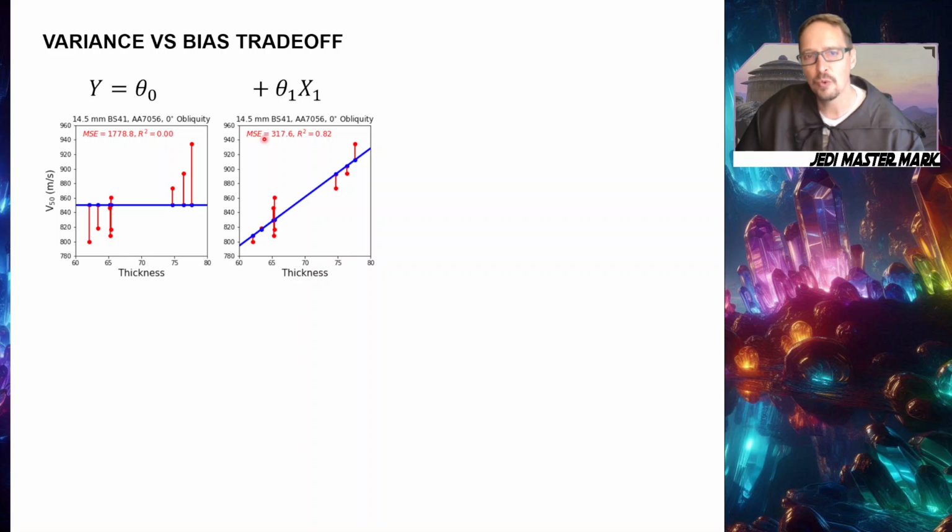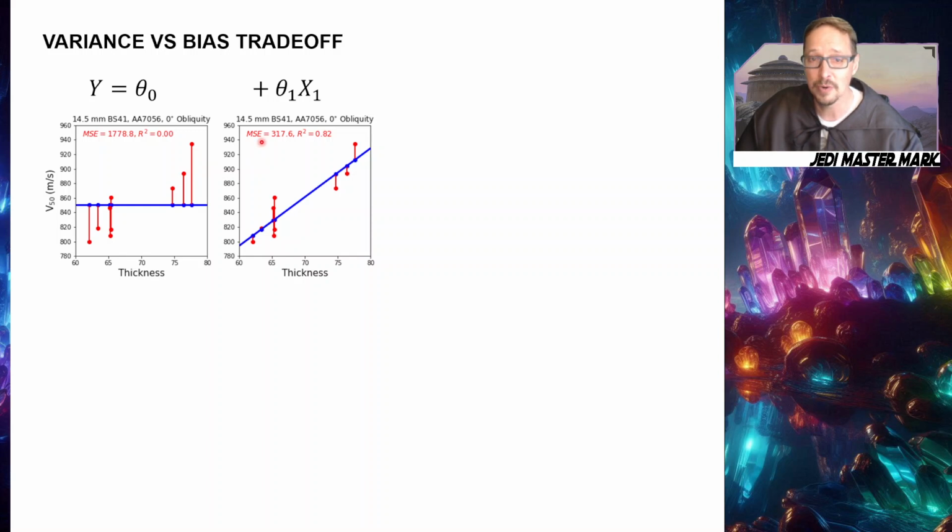Now just adding one term, which is the thickness times theta 1, adding one more model parameter, you can see now we have a straight line capturing this trend. This is the optimized model that we're showing here. And you can see how the loss is much better than what we had without this term.